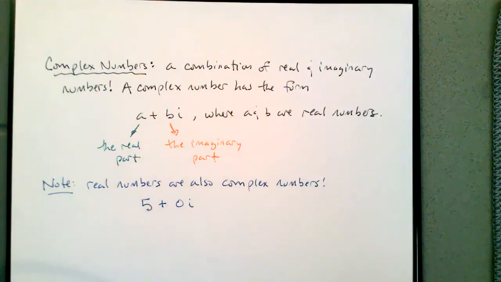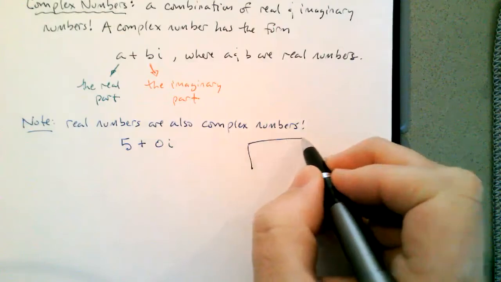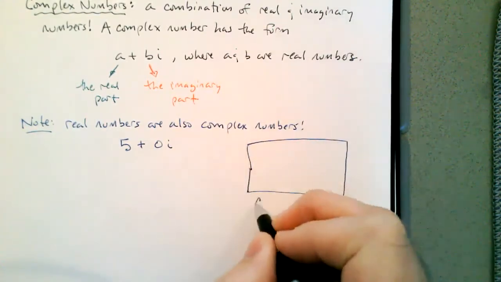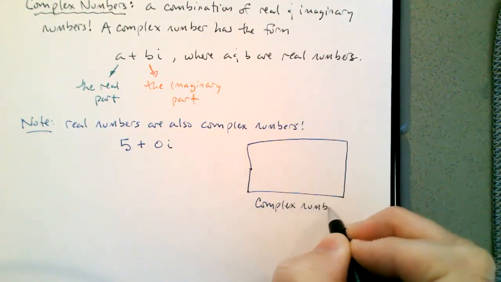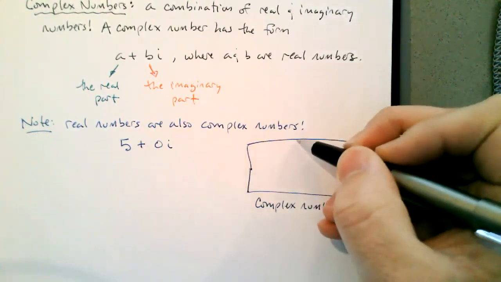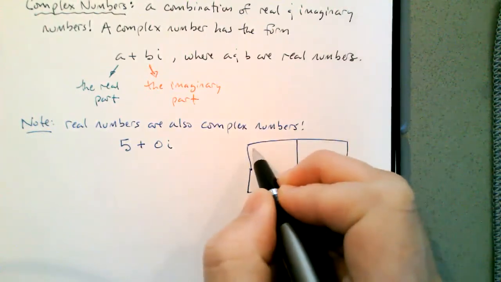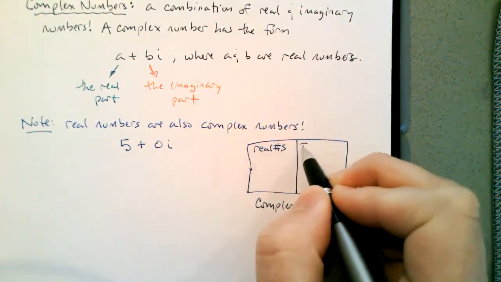So real numbers are a subset of complex numbers, just like imaginary numbers.